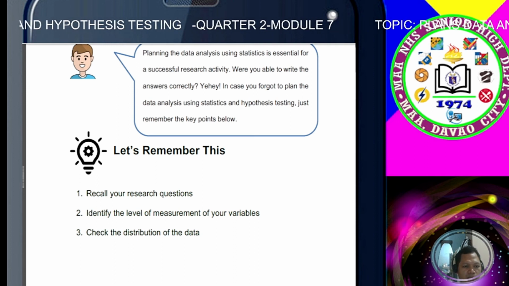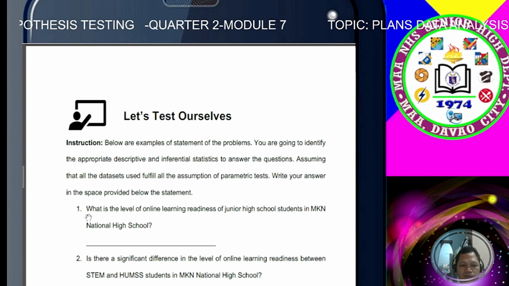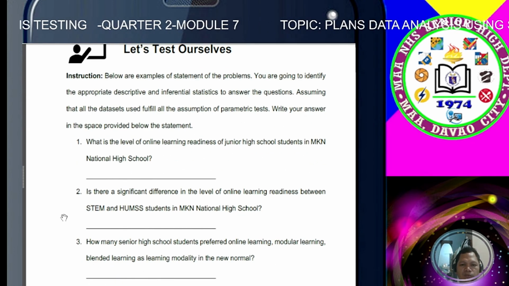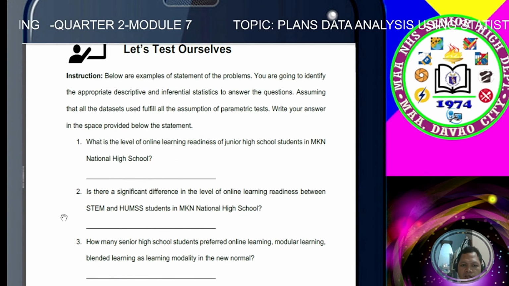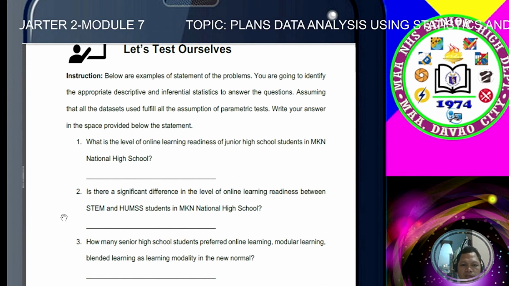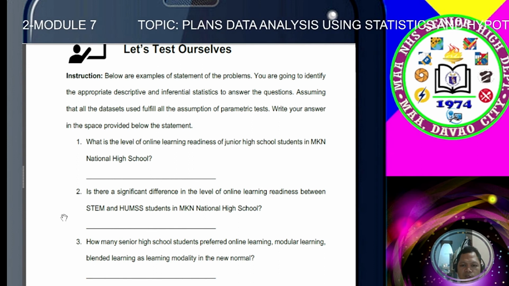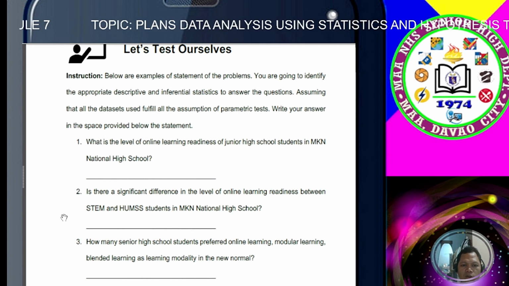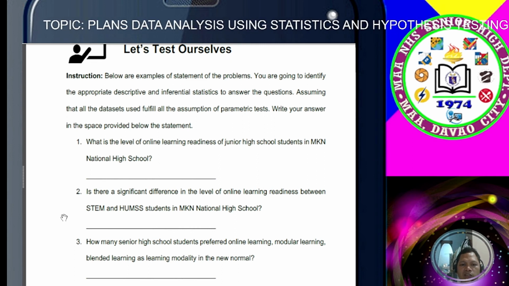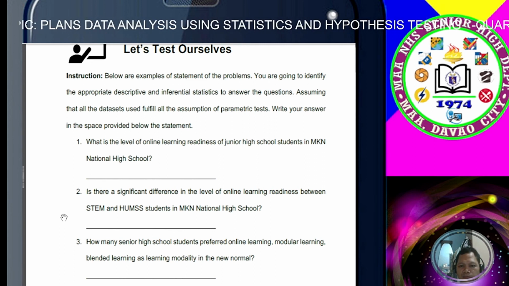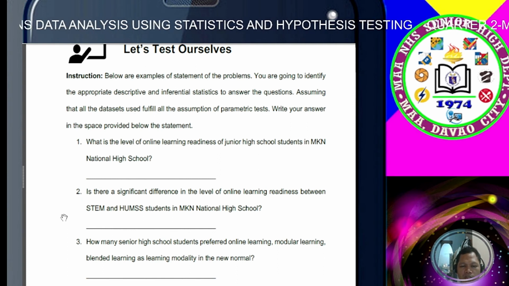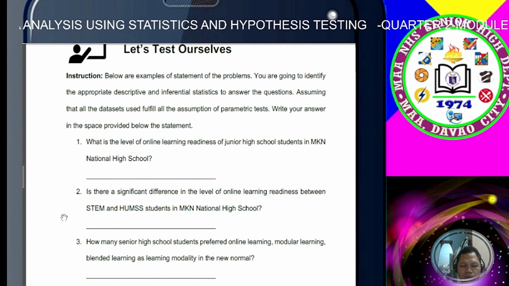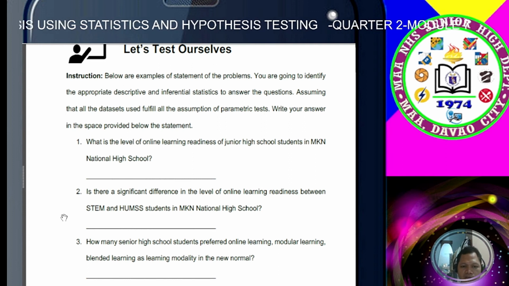Let's test ourselves. Below are examples of statements of problems. You're going to identify the appropriate descriptive and inferential statistics to answer the questions, again assuming all data sets used fulfill the assumptions of a parametric test. So write your answer in the space provided below the statement.